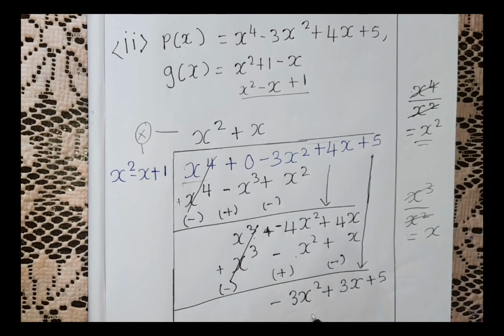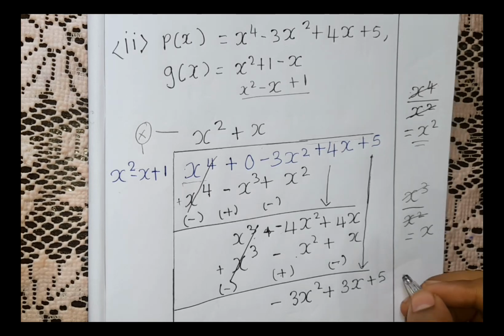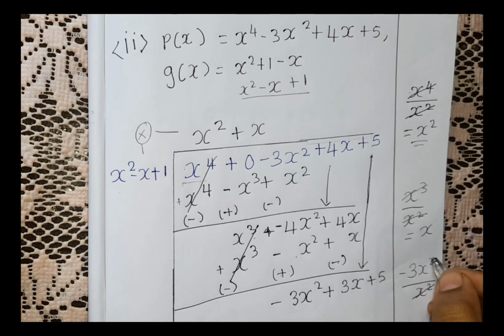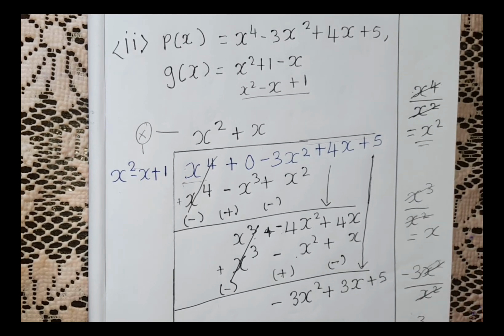Now we're going to be taking the first term right over here. So it is minus 3x square by x square. So we shall cancel this x square, and here also we shall cancel this x square. So now it is minus 3. Why? Because we cancelled it. So we got minus 3.